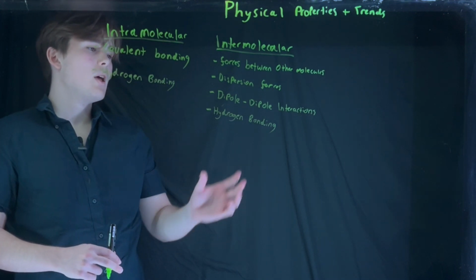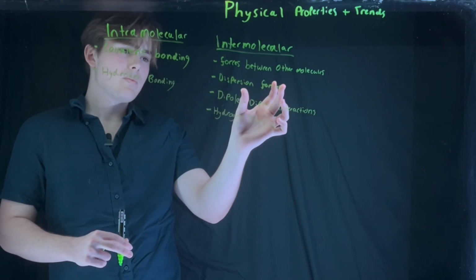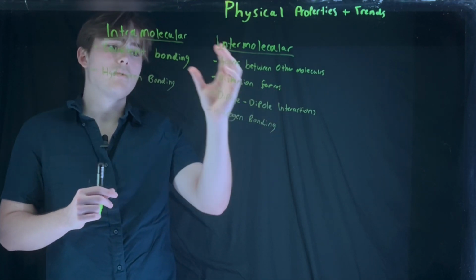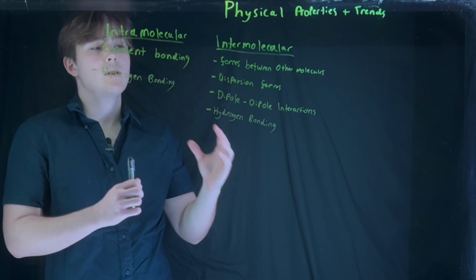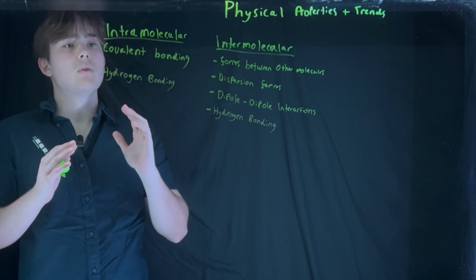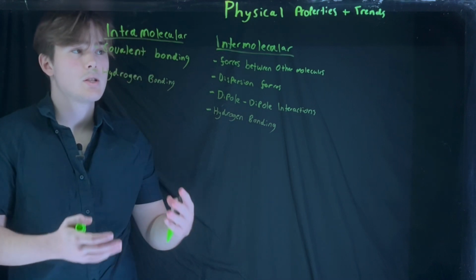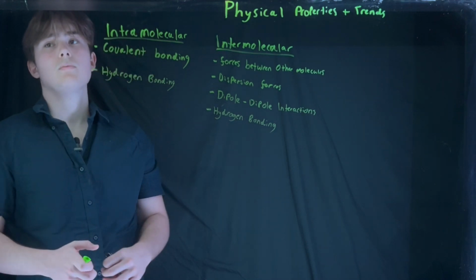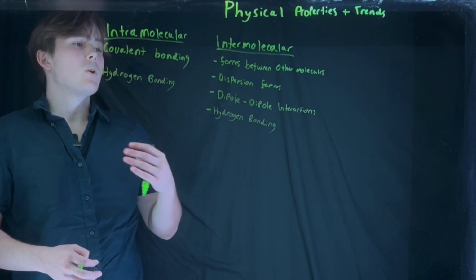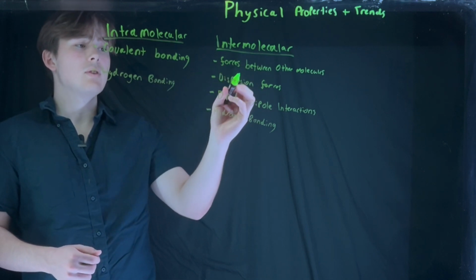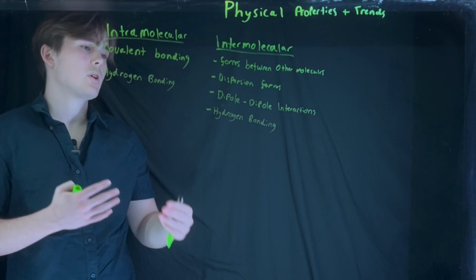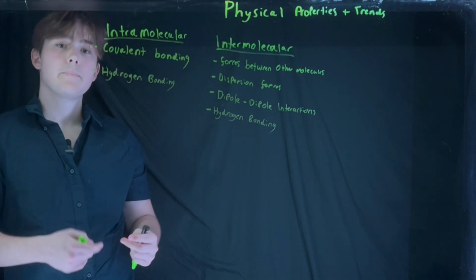Hydrogen bonding and dispersion forces can be responsible for intra and intermolecular interactions between different molecules. So let's talk a little bit more about what each of these different forces mean.